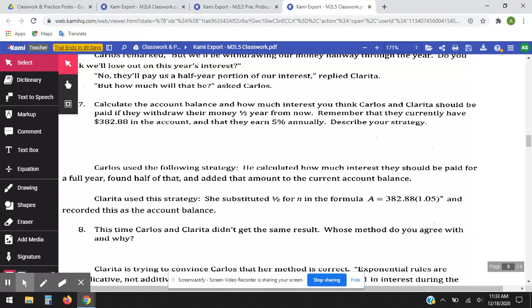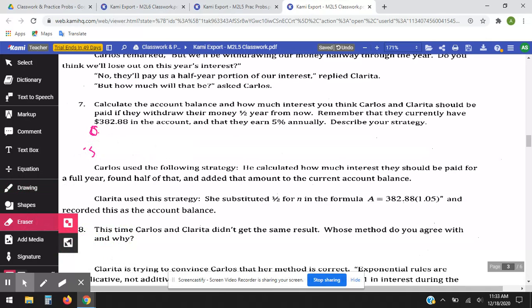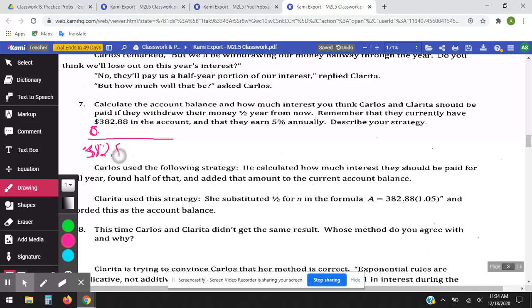I typically would do the geometric means. So I'm going to make my table. The 0 year is 382.88.